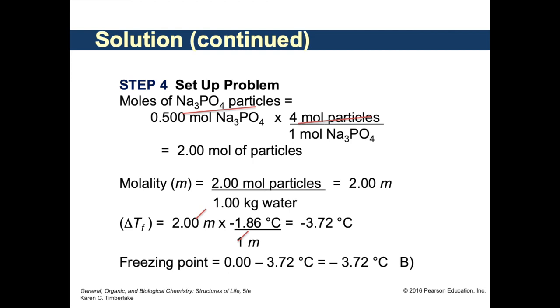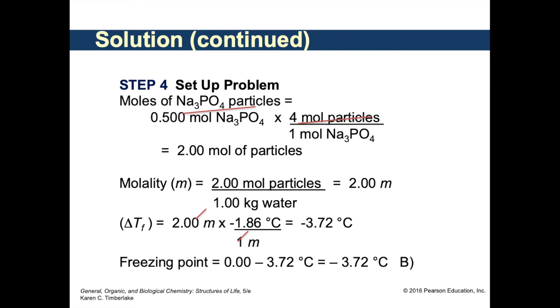Now, please note, the change in temperature that you just calculated is not the same thing as your freezing point. Mathematically, they're not the same. Numerically, they happen to be the same because luckily the freezing point of water is 0 degrees Celsius. So you're just subtracting that number from 0, and so it happens to be the same number.